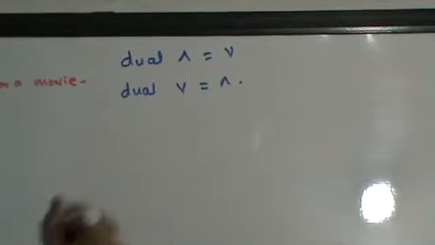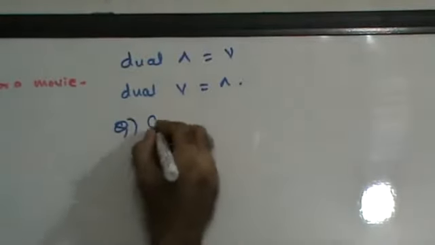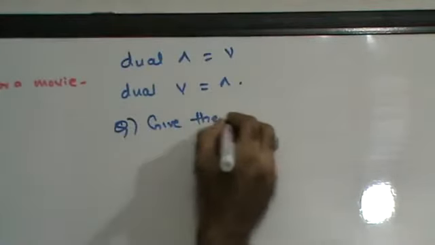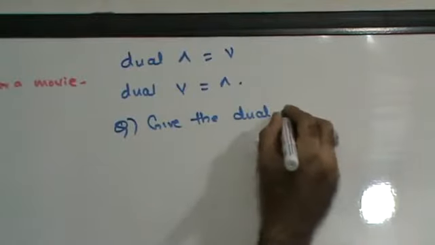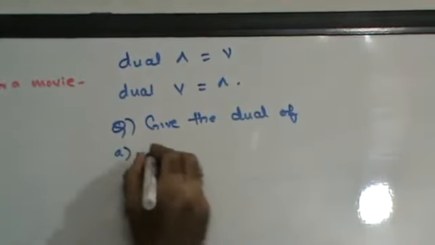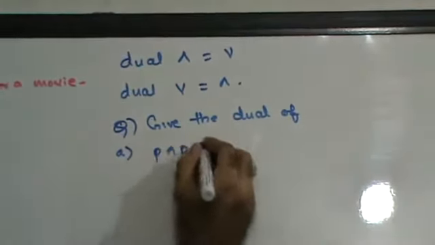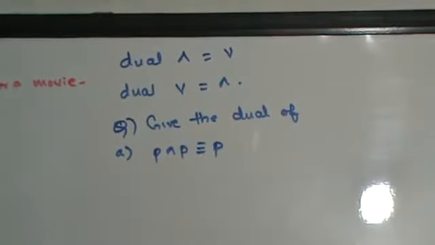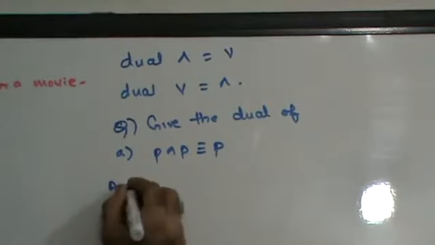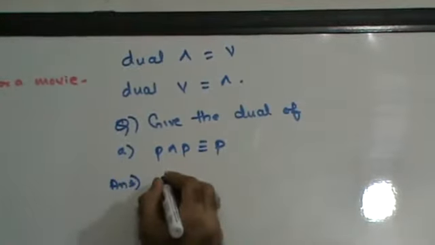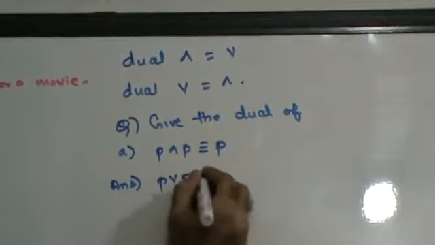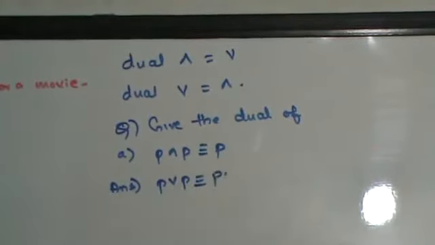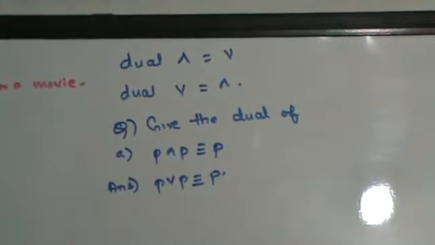For example, if I give you a question, give the dual of P and P is logically equivalent to P. So what will be the dual of this? All you have to do is convert AND to OR. So P or P is logically equivalent to P. Finish, sum is over. That's how you make the dual.